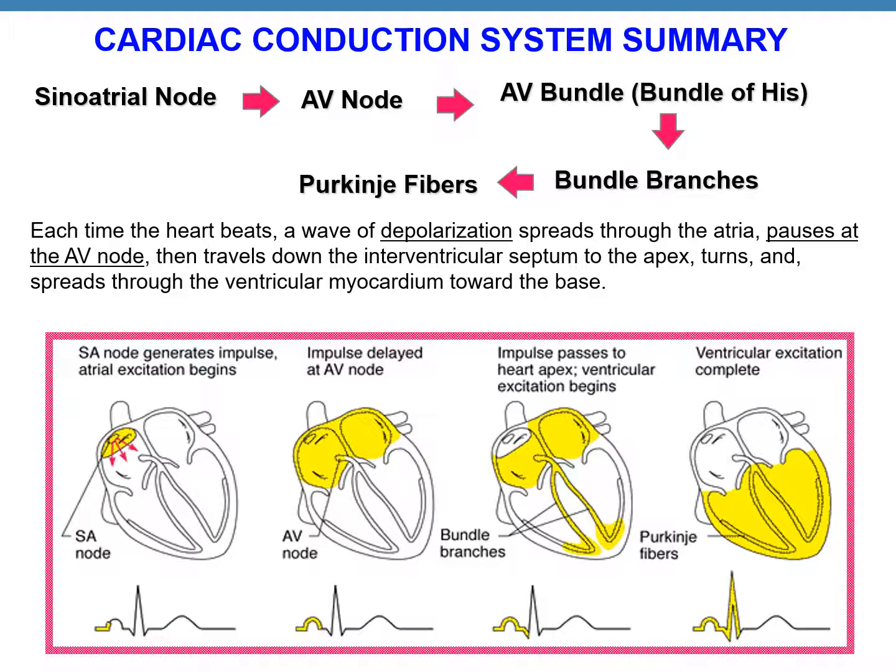Instead, the signal travels to the apex and then spreads from bottom to top. So the ventricles contract in a direction opposite to the atrial contraction. The ventricles contract from bottom to top. That means the apex of the heart contracts first and then the contraction spreads into the myocardium of the ventricles. Can you tell me why?